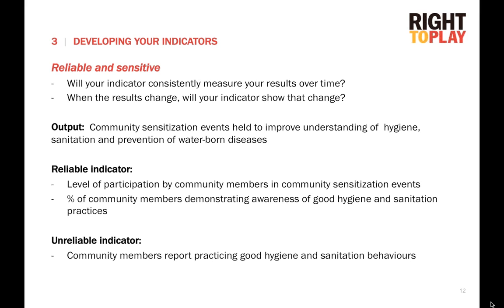So we want to be looking at the types of knowledge that people have and asking specifically about that. The reason the indicator that Kristen has put in is unreliable is because it's looking at behaviors and it's making a jump from knowledge to behaviors. Does that help specify?